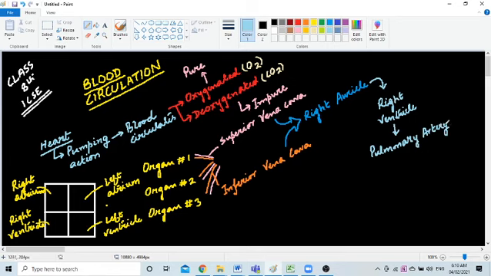Through this artery the blood is carried to the lungs. Now at the lung the exchange of gases, which involves removal of carbon dioxide and absorption of oxygen, takes place over here.